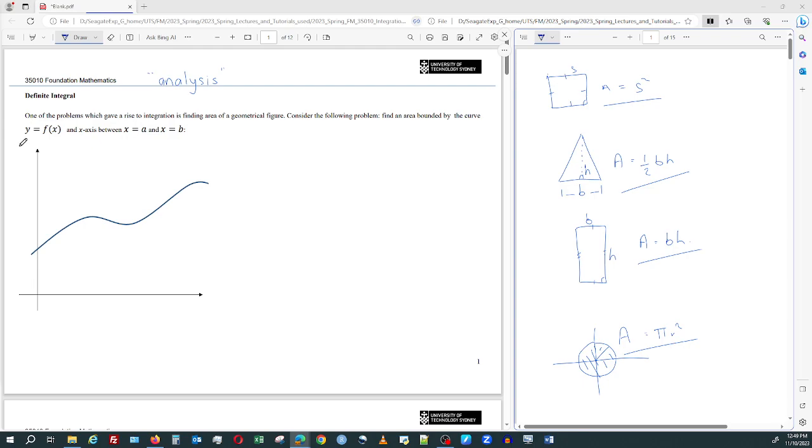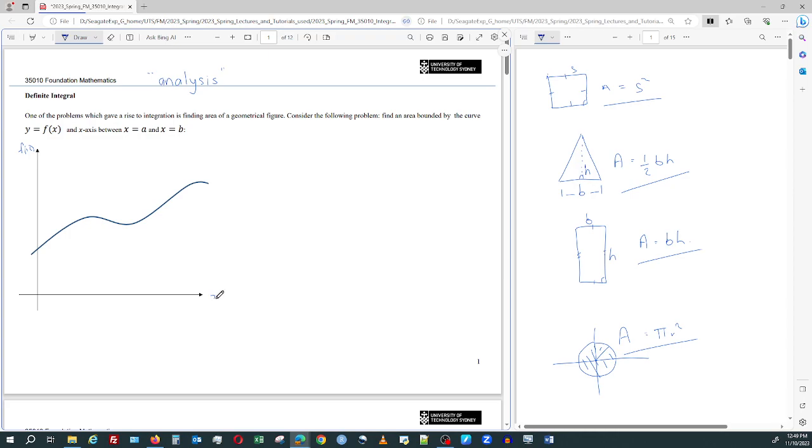And so what we've got is our function value, y equals f of x. And then we've got our x as usual. And in this particular case, what we'll do is we'll say, well, how about we set up an a, x equals a, and x equals b.